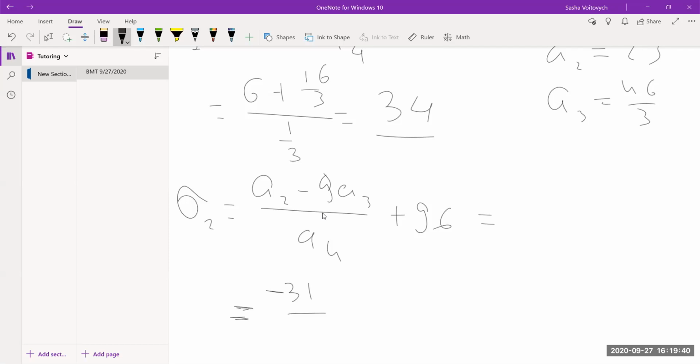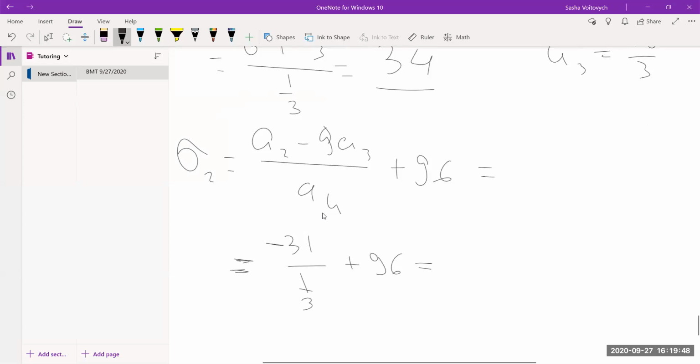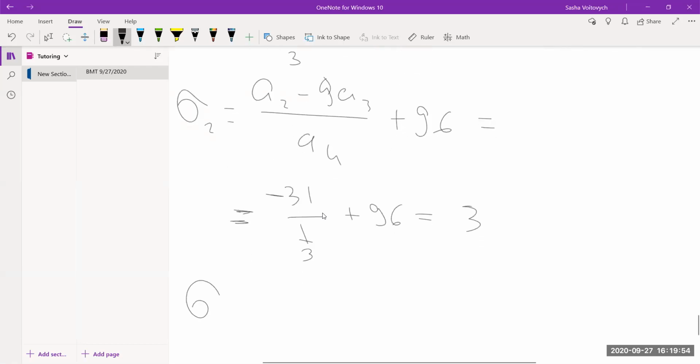And divided by 1/3 plus 96. So this is going to be just 3. Yep. Okay.